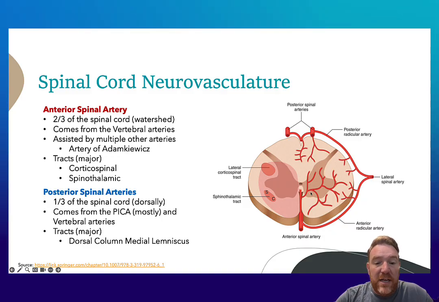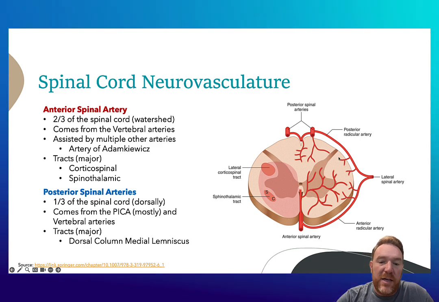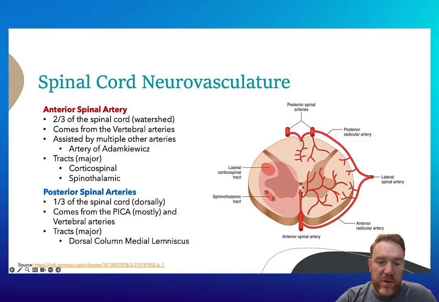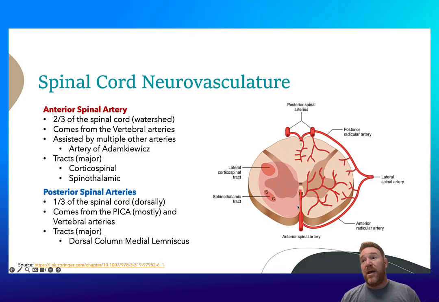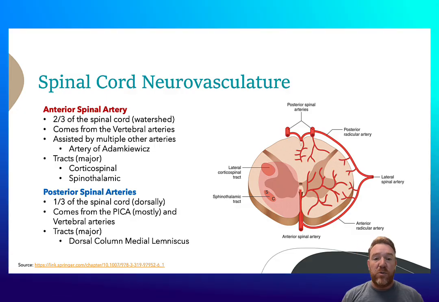And we see that. If you see the anterior spinal artery right here, we have projections up into the horns, the gray matter here, as well as the white matter. Now, there are lateral spinal arteries that help with this, but the vast majority is going to be the anterior spinal artery. So if we get a stroke in that, which can happen for a variety of reasons, some could be alcoholism from fatty emboli, some could just be clotting disorders.